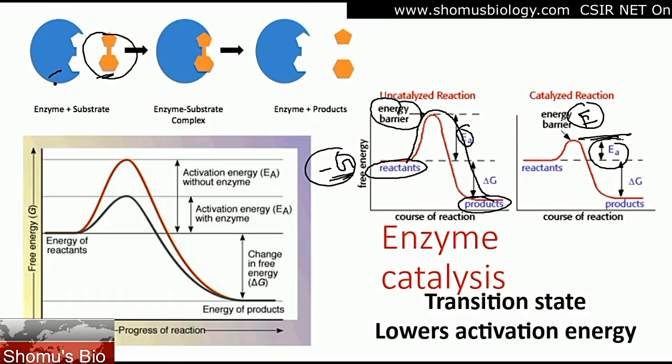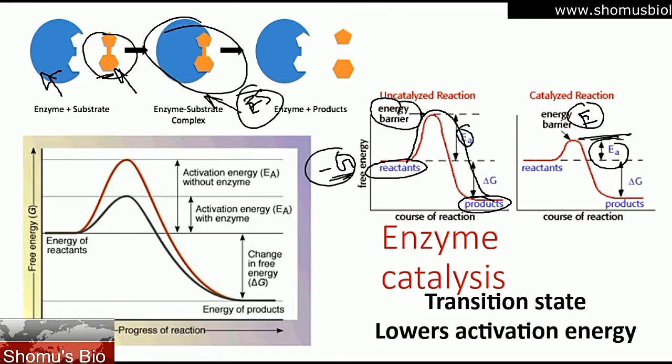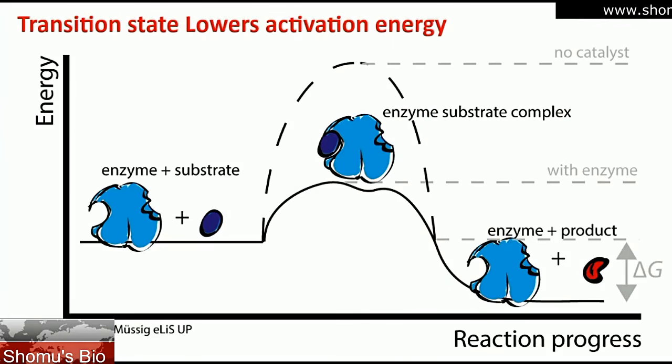The enzyme reduces the energy barrier because when it interacts with the substrate, it forms a third, different molecule, since the enzyme is a separate molecule and the substrate is a separate molecule. When the enzyme is attached to the substrate, it forms a third separate molecule known as the enzyme-substrate complex. This complex helps the substrate to be properly placed in the enzyme, and if the reaction involves multiple substrates, it brings them so close to each other that the reaction can take place really fast.